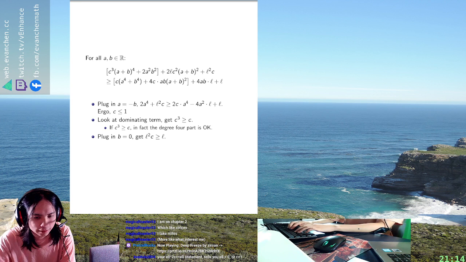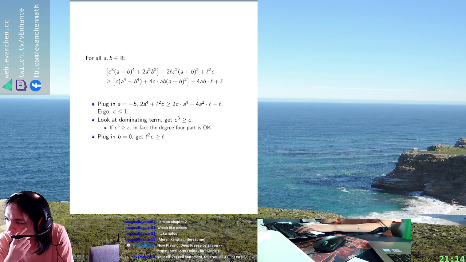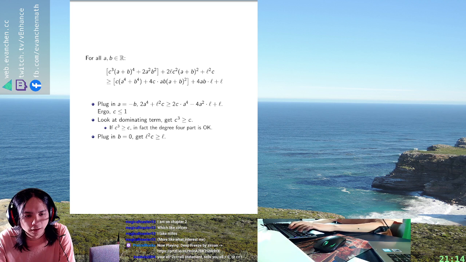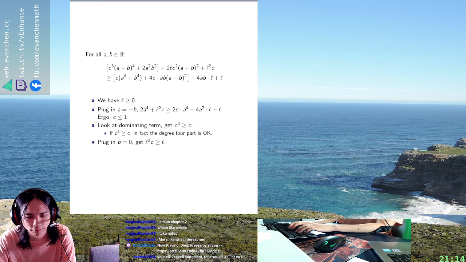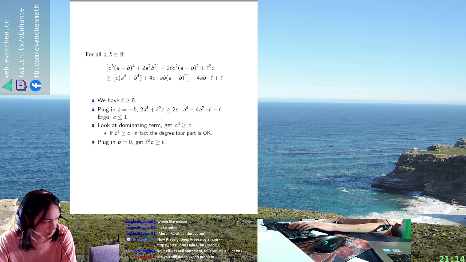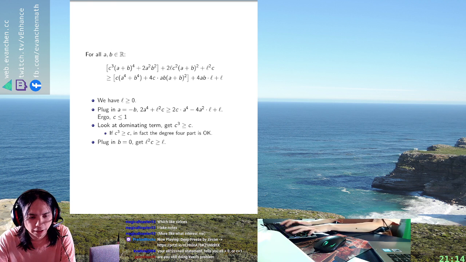L squared c at least L tells you... Wait, it does? L equals 0 or c equals 1? Alright, also you know L is at least 0. Wait, why? What? So if L is not equal to 0, if L is greater than 0, this implies LC is at least 1.